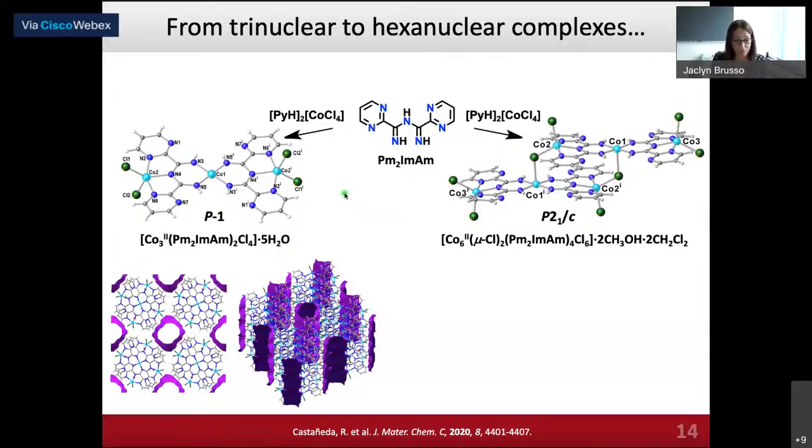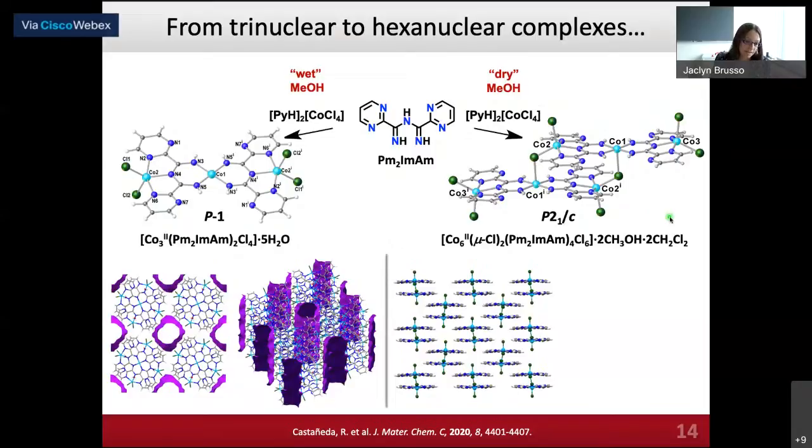It was very concerning at first because everything was done the same, until we looked at the conditions of our solvent and how dry our methanol actually was. We found that by adding a specific amount of water to our solvent, we can selectively isolate the trinuclear complex, and with very freshly distilled dry methanol, we can isolate the hexanuclear system.